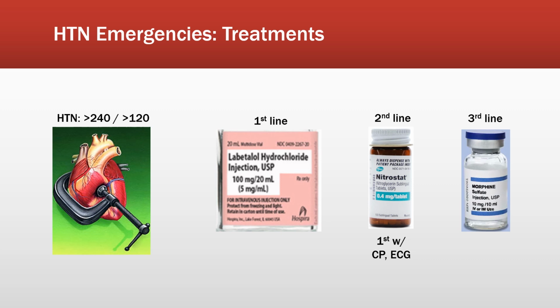You can think about nitro as a second line, 0.4 milligrams sublingual, repeat as needed, up to 3 tabs. If they are having chest pain or you see EKG changes, that nitro is a first-line drug. And then if the blood pressure is still high, you can use some morphine for that vasodilation effect.